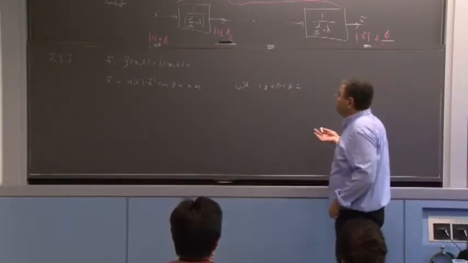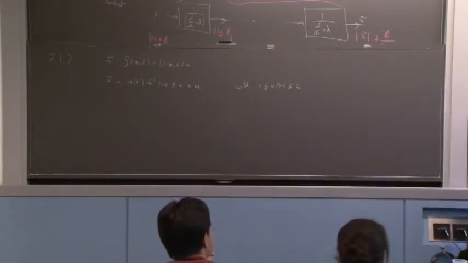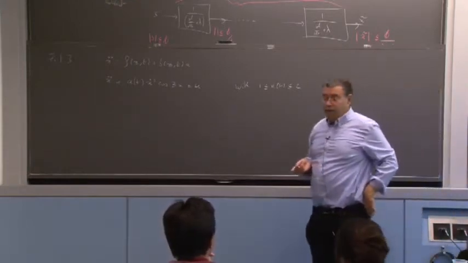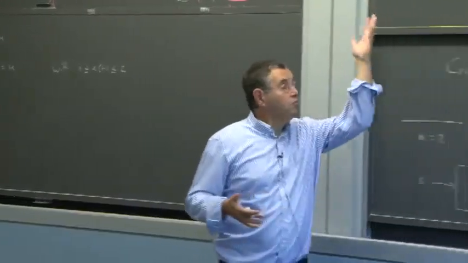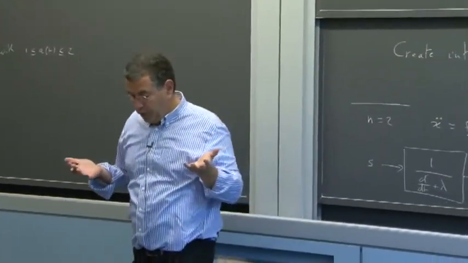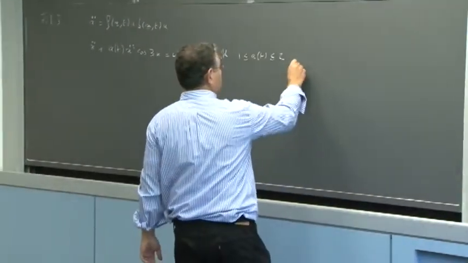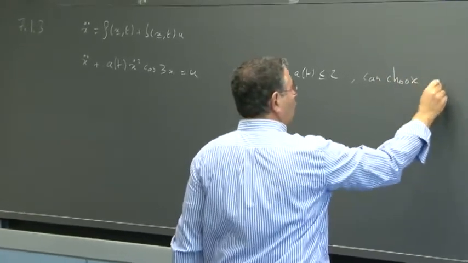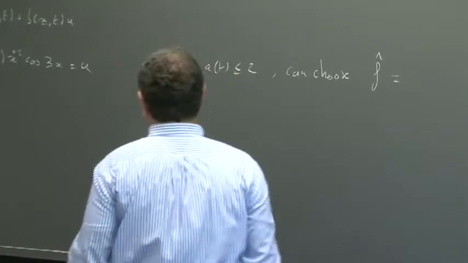So what we want to do, first of all, is pick an estimate of this dynamics. And this estimate, we would like it to be as close as possible to the real thing. So what's a reasonable choice for f hat?